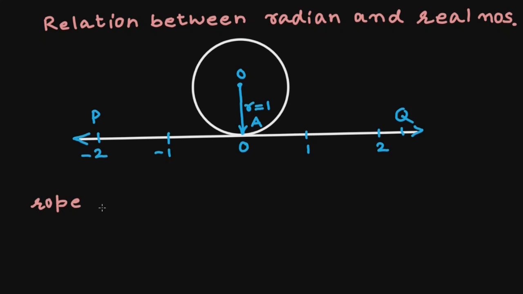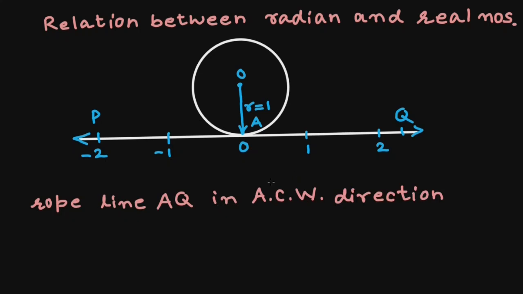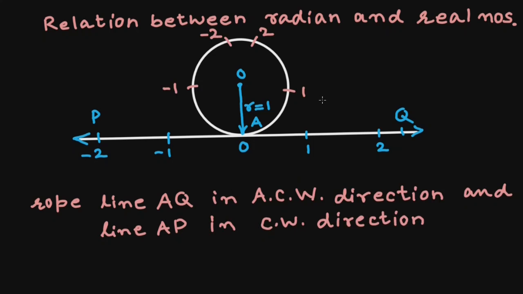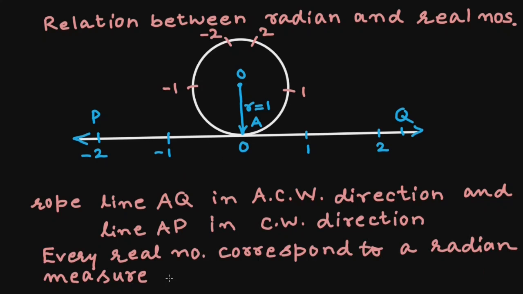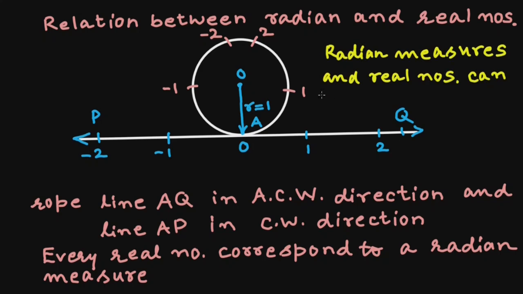If we rope line AQ in the anticlockwise direction along the circle and line AP in the clockwise direction, then every real number will correspond to a radian measure, and conversely every radian measure will correspond to a real number. So therefore we can say that radian measures and real numbers can be considered as one and the same.